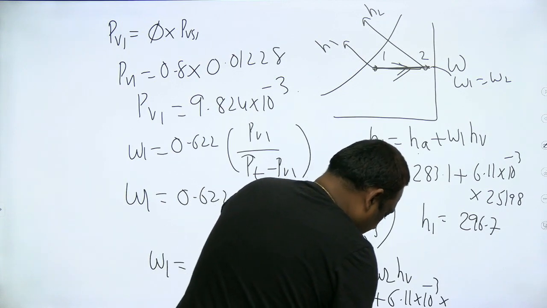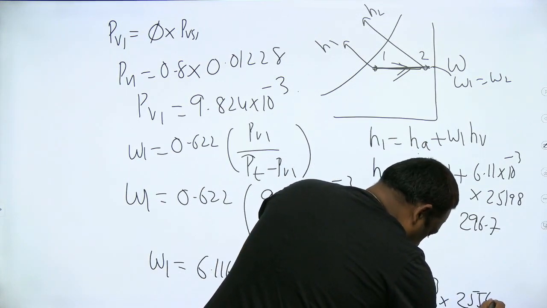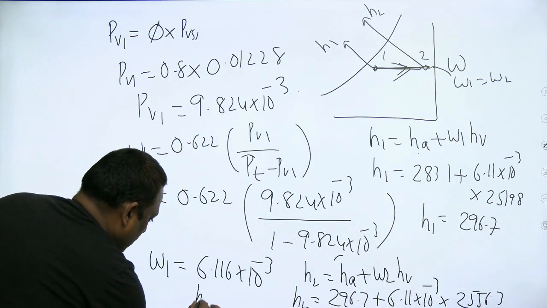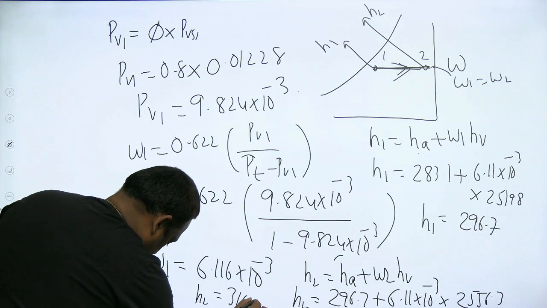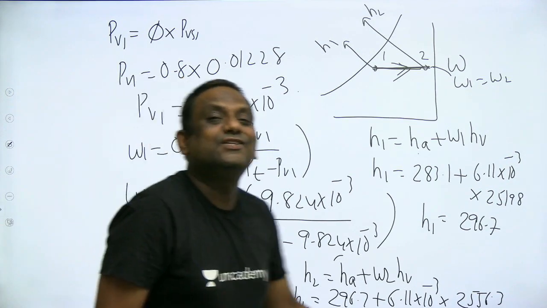How much is HV? At the second case, 2556.3. And if I calculate this, I'll get the value of H2, and that H2 is coming out to be 316.98.